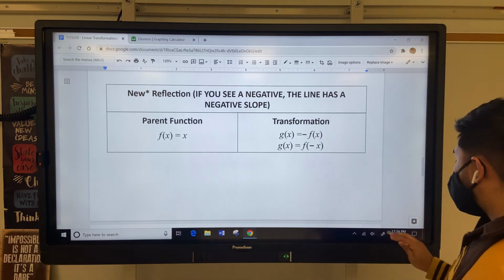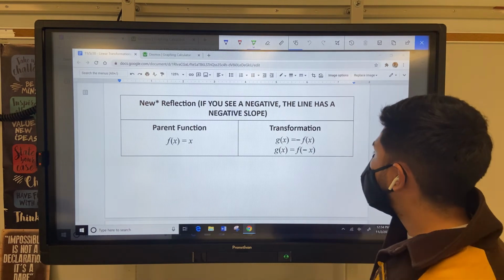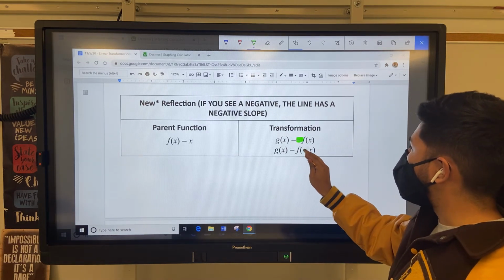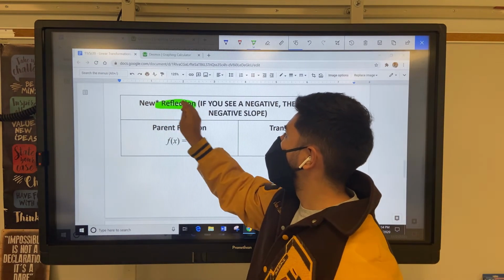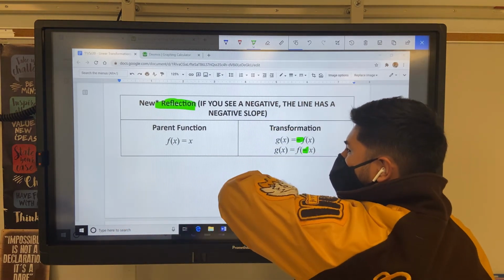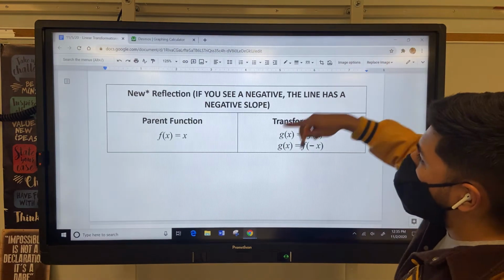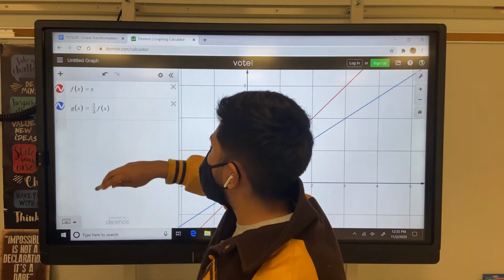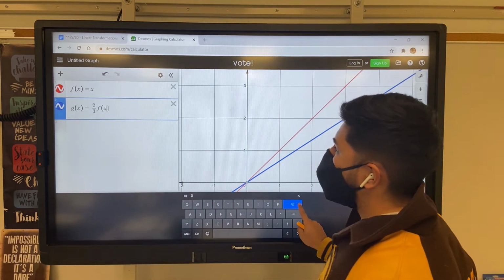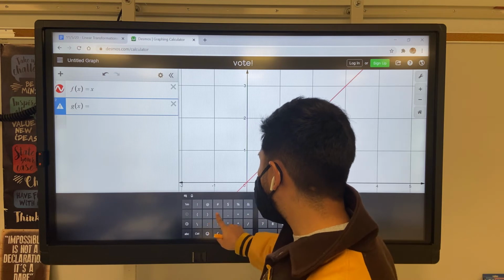Reflection real quick. I'm not going to get super big detail about negatives, but if you see a negative, of course, that just means that it's a reflection. Okay, so that means that instead of it going up like this, it goes down because that's a negative slope. We can look at that real quick. Parent function f of x equals x, and g of x, if I put a negative up in front, you'll just see it turn down.